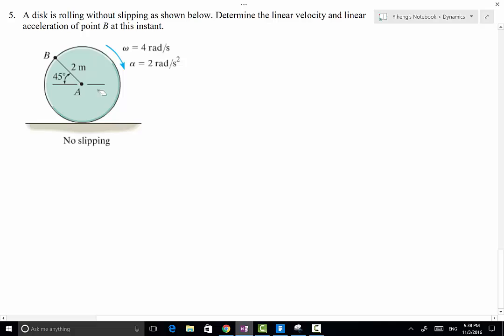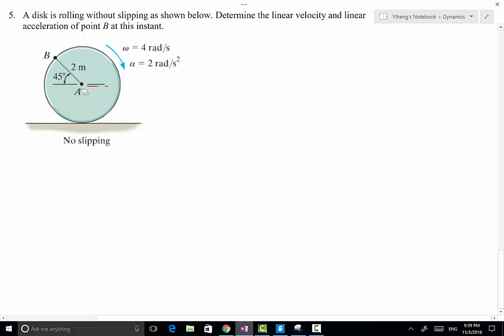To do that, we're going to use the conclusion directly from one of my previous lecture videos: if this disk is rolling without slipping, then its center is going through rectilinear motion. Its center will always be along a straight line.